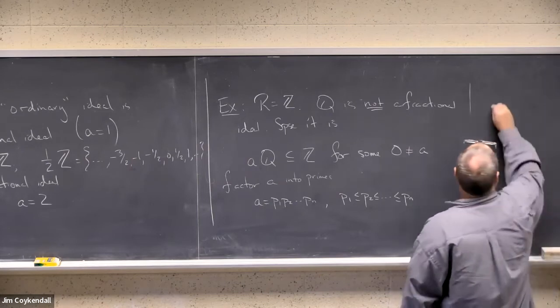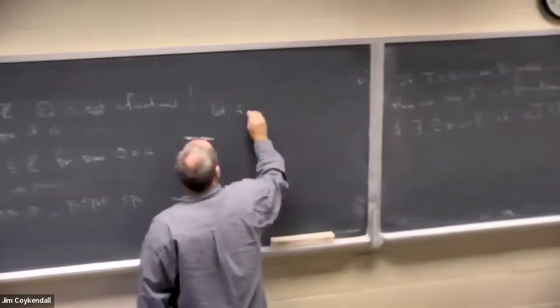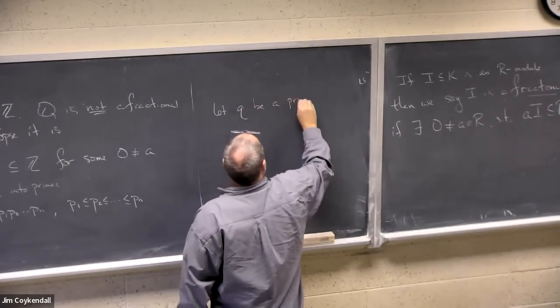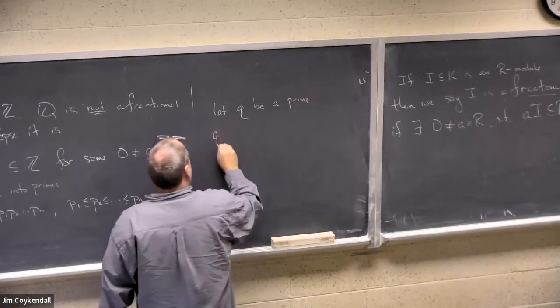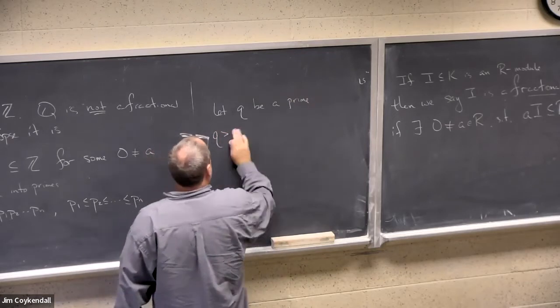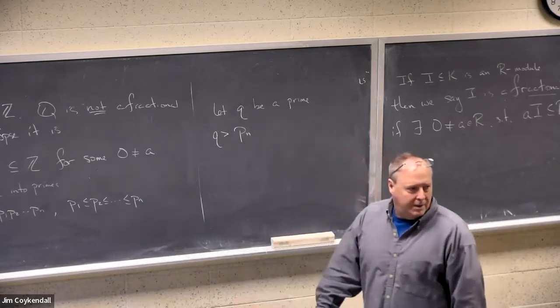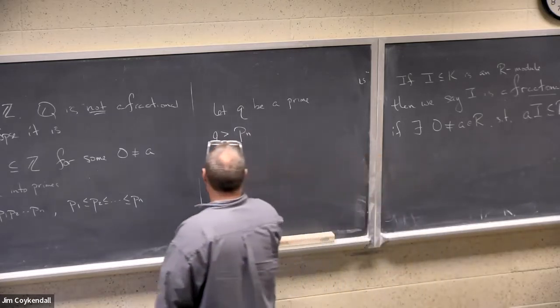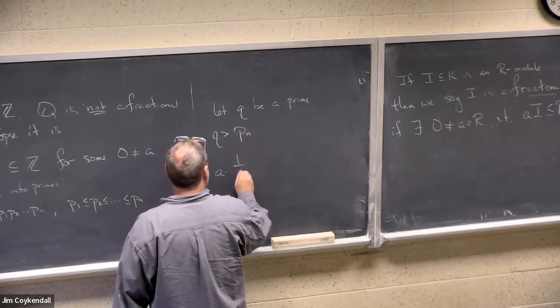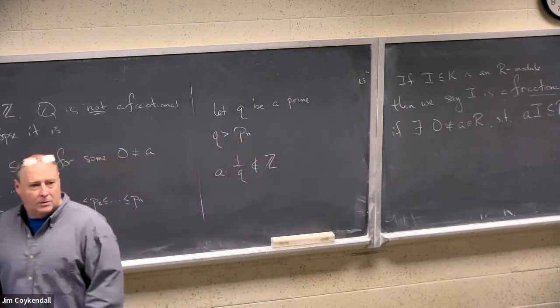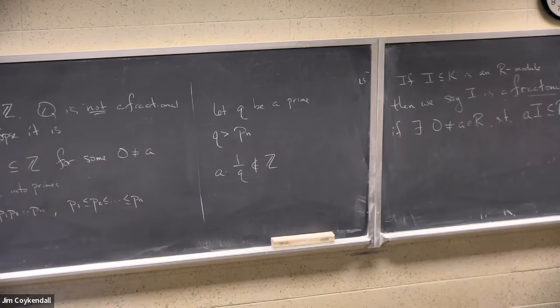Let Q be the biggest one. Notice that A times 1 over Q is not in Z. And there you go. It's impossible for this to be a fractional ideal.